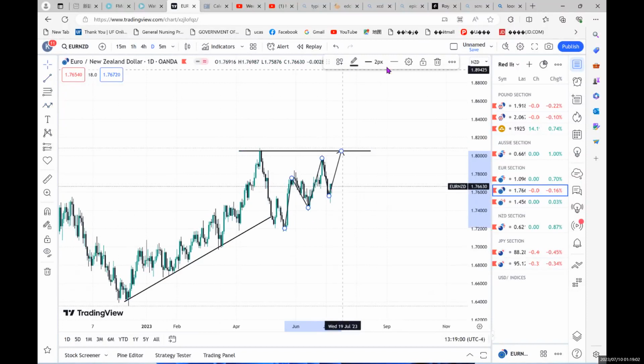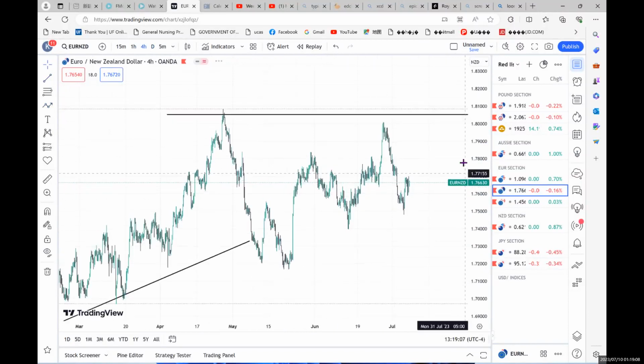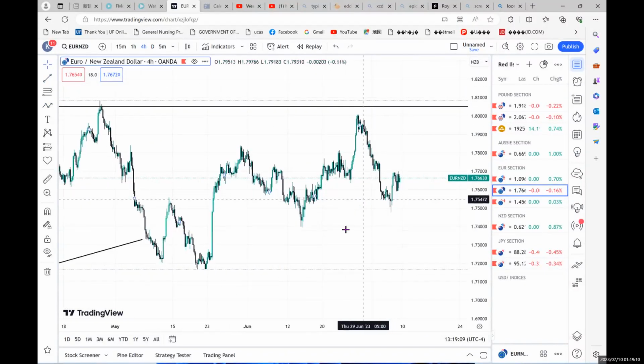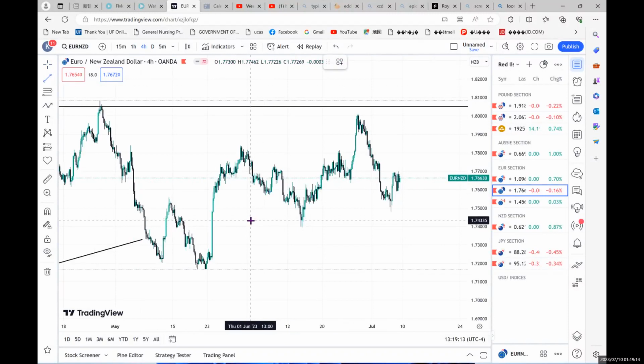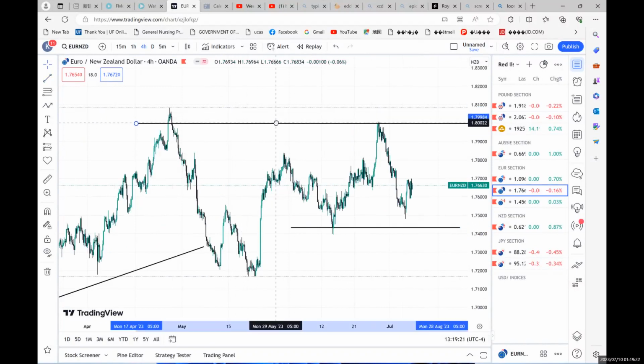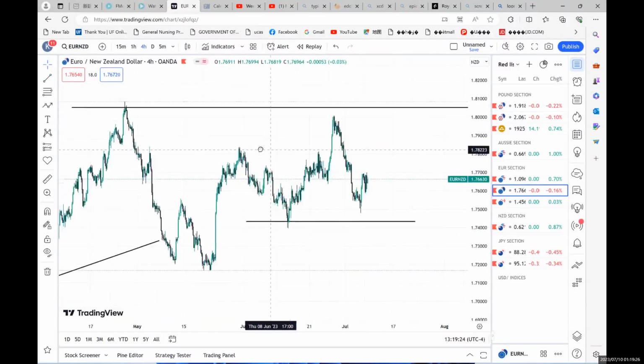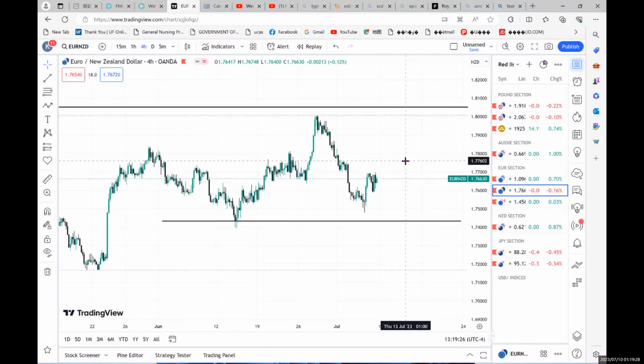Okay, so this is on the daily. Let's go down to the 4-hour. And on the 4-hour, this here is our extreme low, and our extreme high. We can probably put it here, but I think I'll just leave it at this level here. Okay.